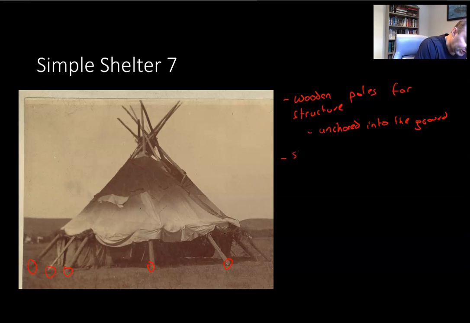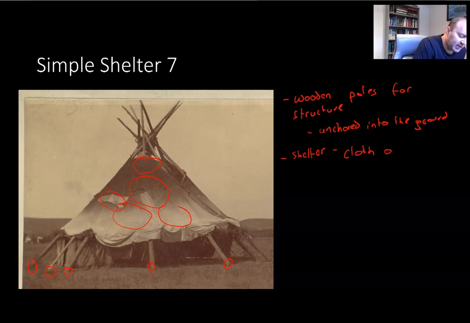This time the shelter, it's a little difficult to tell what it is here. I'm looking at it and it looks like a bunch of overlapping pieces of cloth. You can see these look like different pieces that have been stitched or sewn together. So the shelter looks like cloth, or maybe, knowing that this is a teepee from the Plains Indians, maybe it's hide.